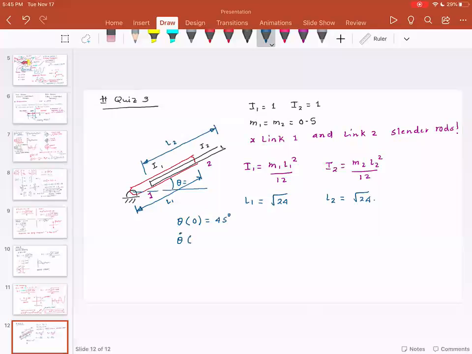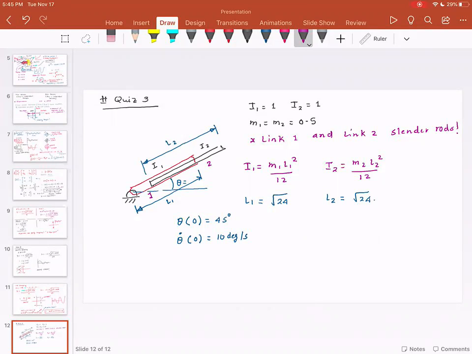Theta dot at time t equal to 0 is given as 10 degrees per second. But the value of r and r dot is also given. What is this r and r dot?